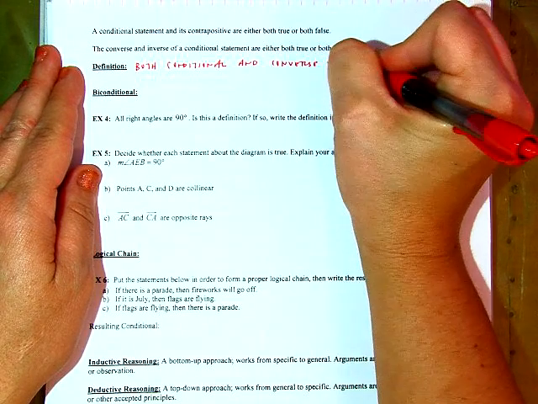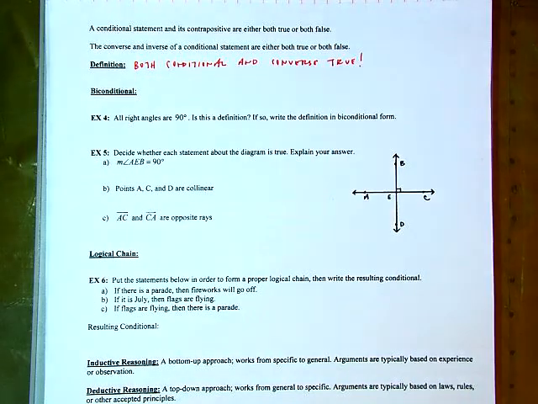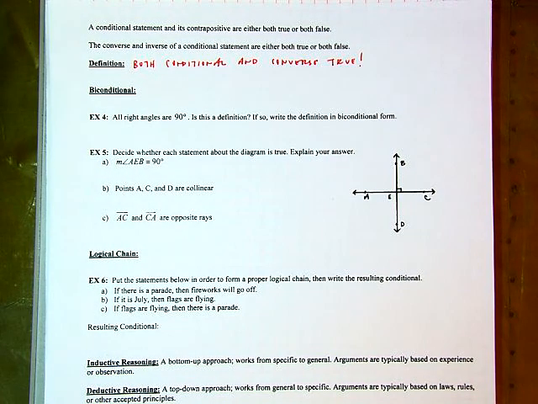Because if the original conditional and its converse are true, then the inverse and contrapositive have got to be true as well. So to be a definition, the conditional and its converse must be true. Okay, for something to be a biconditional, we're really just talking about a structure. We're saying we're going to take that definition and put it in this structure.